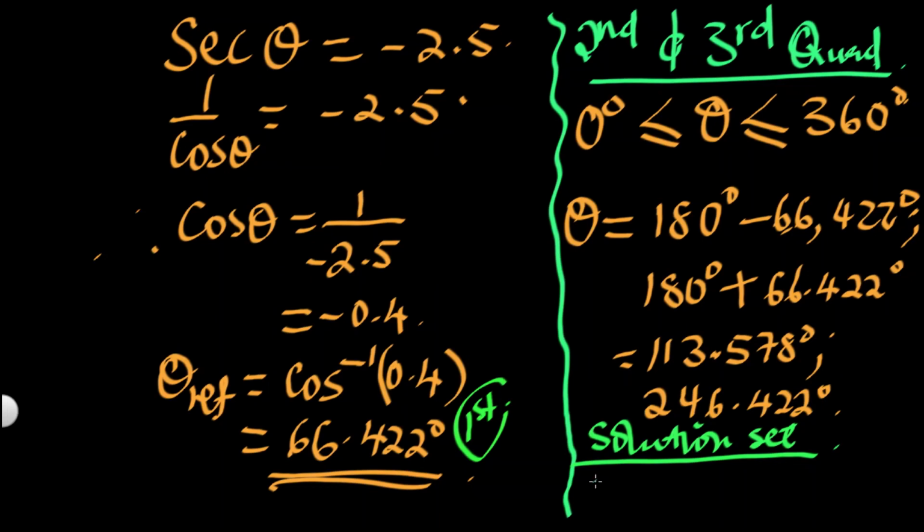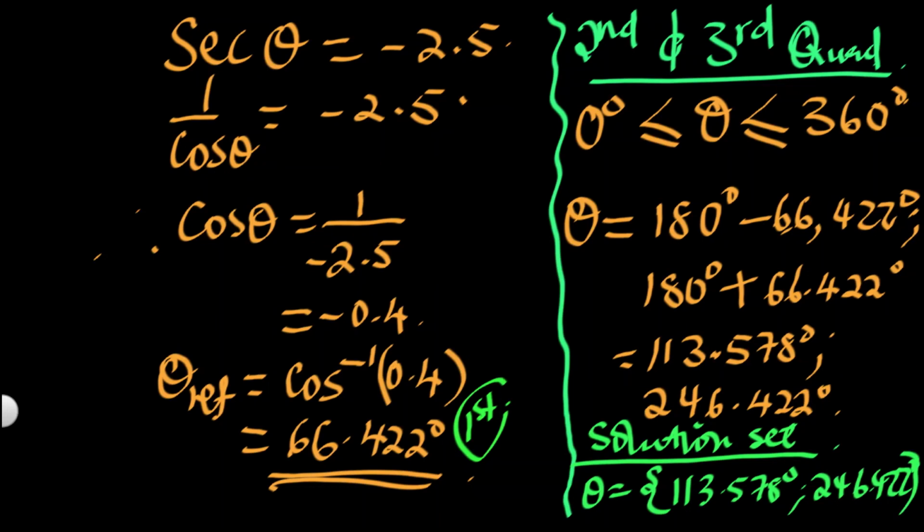So in this case, our theta is, this is the set, 113.578 degrees. The other answer is 246.422 degrees. I close my set. These are my two answers. That is my solution. It's done. The question has been solved.